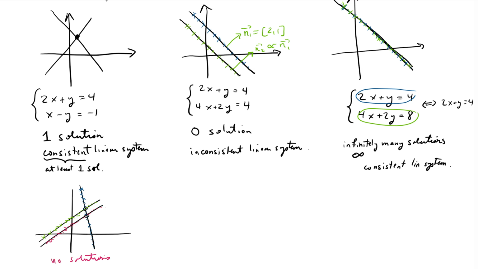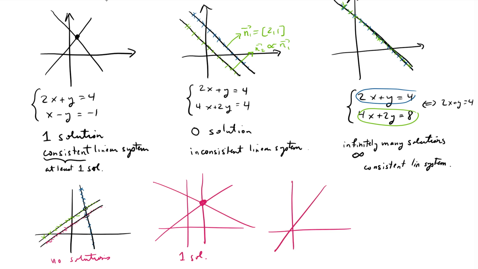To have one solution, I'd have to have something where my lines actually all intersect in one point. So this would be one solution. I could have two overlapping, one intersecting. In this case, one solution. If all three lines are exactly the same, then I have infinitely many again.